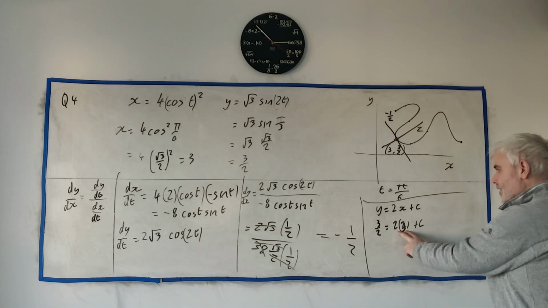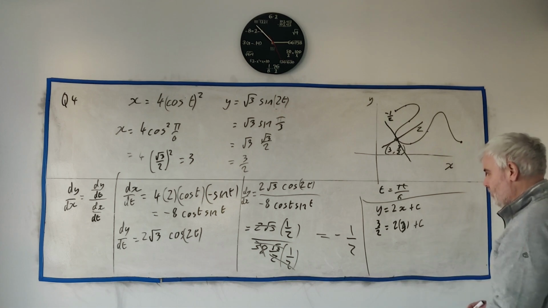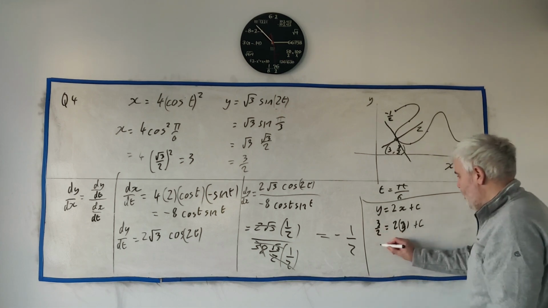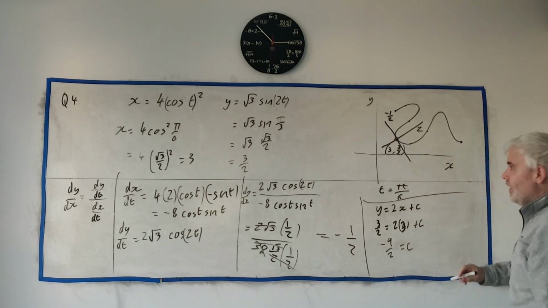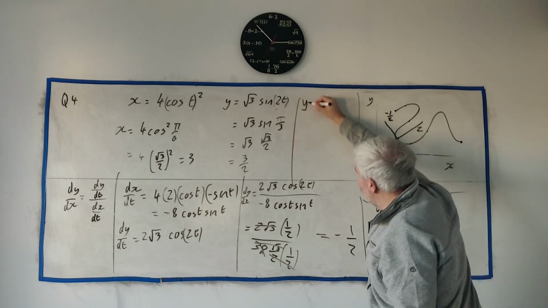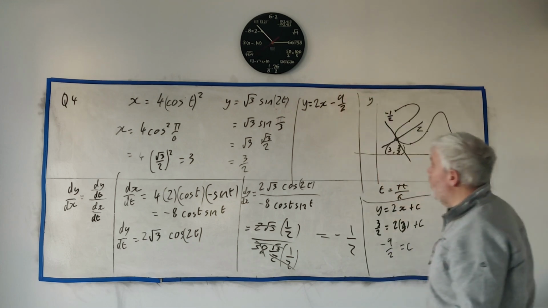That's 6. 1.5 minus 6, or 3 over 2 minus 12 over 2 would be minus 9 over 2. That's equal to c. So the equation would be y is equal to 2x minus 9 over 2.